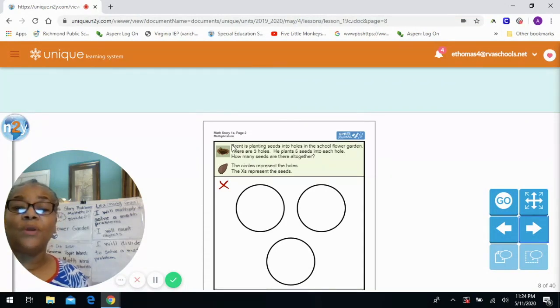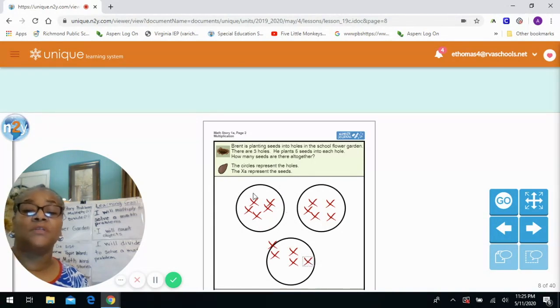There are 3 holes and 5 seeds in each hole. So let's put 5 seeds in each hole: 1, 2, 3, 4, 5. Let's do the next one: 1, 2, 3, 4, 5. And then the last one: 1, 2, 3, 4, 5.